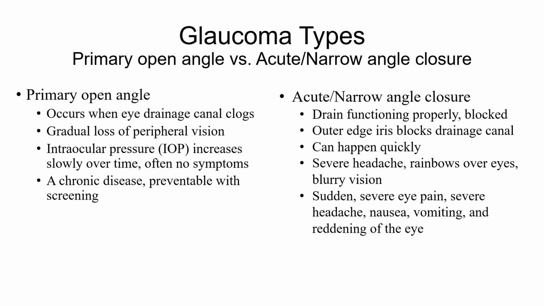Now, in acute narrow angle closure, the drain for the fluid is blocked. It can cause severe headache, blurry vision, eye pain, nausea and vomiting, and it can be severe and significant.